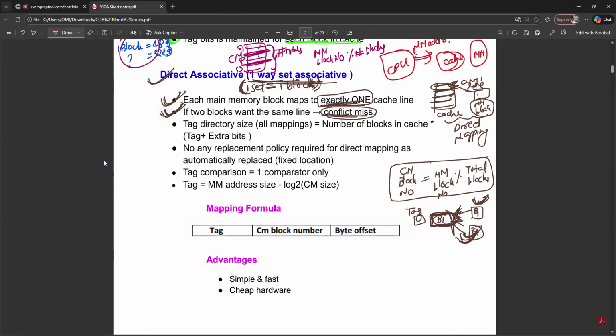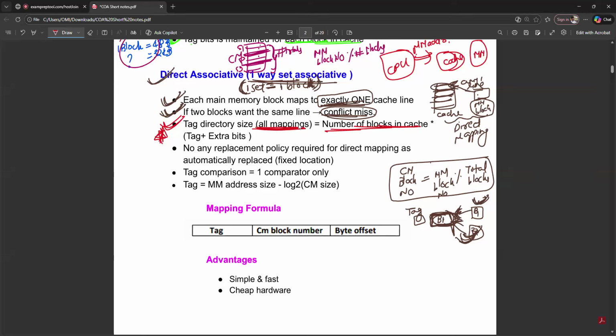Now the next point: what is the tag directory size? For all the mappings, direct mapping, set associative, and fully associative, this formula is the same: total number of blocks in the cache times (tag bits plus extra bits).